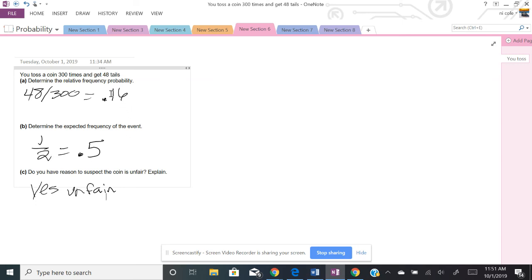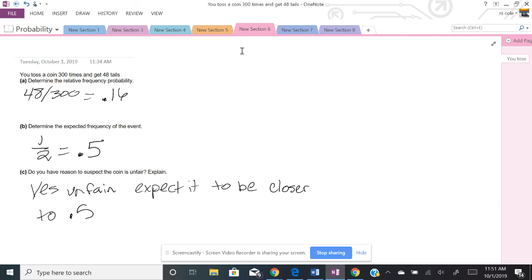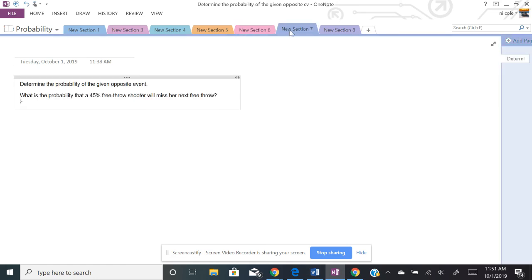It will probably not be exactly 0.5, but I do expect it to be closer to 0.5.